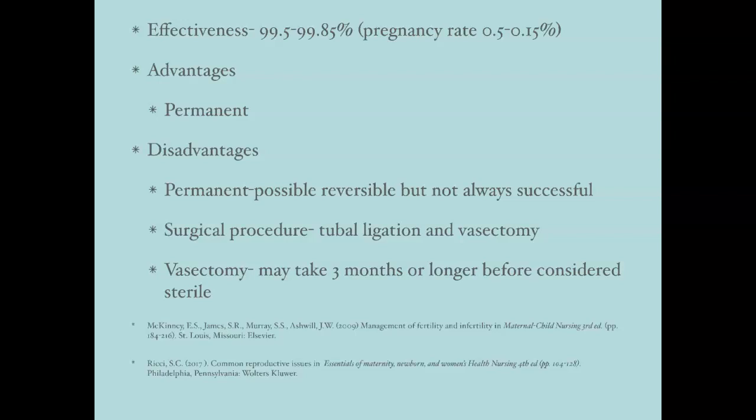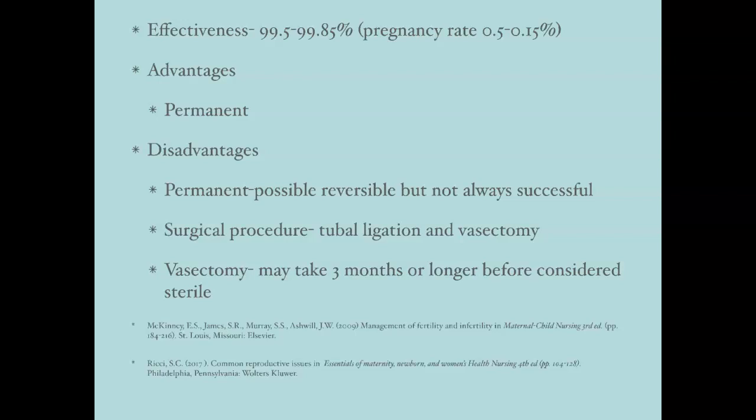It's a surgical procedure, and with any surgical procedure, there's risk. Typically infection and bleeding are the two main risks. There's also anesthesia to consider: vasectomy is usually local anesthesia. Tubal ligation usually is not, though there may be some general anesthesia, so that's something to consider.